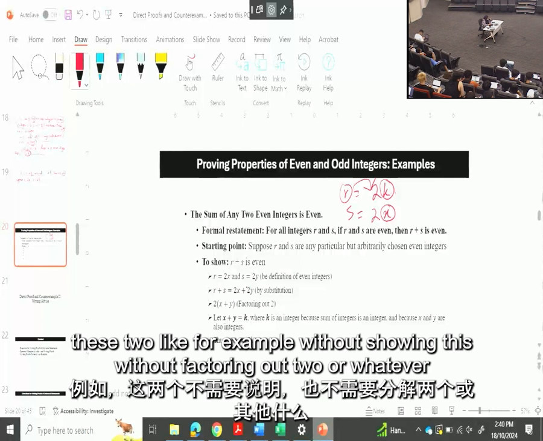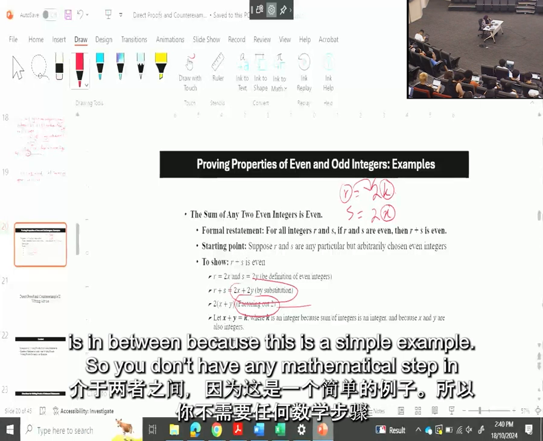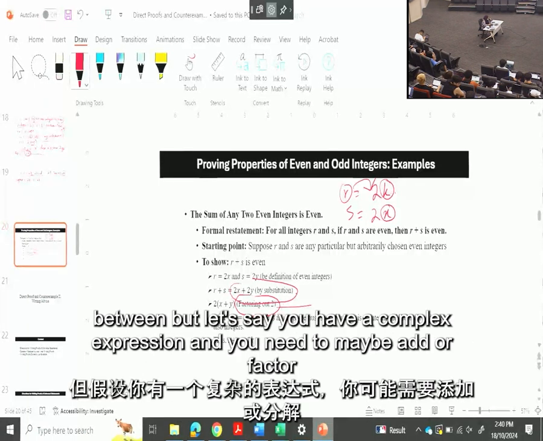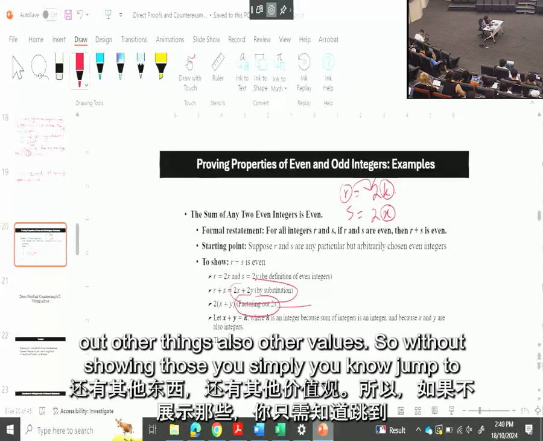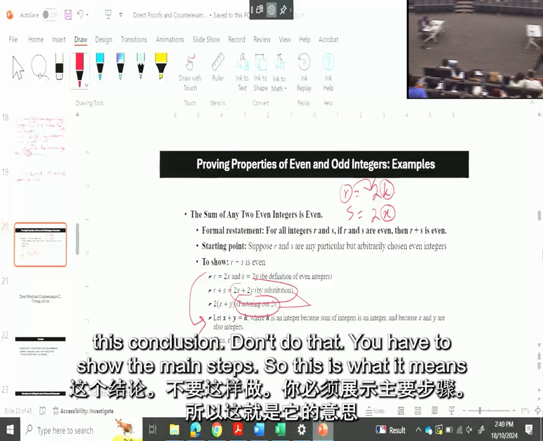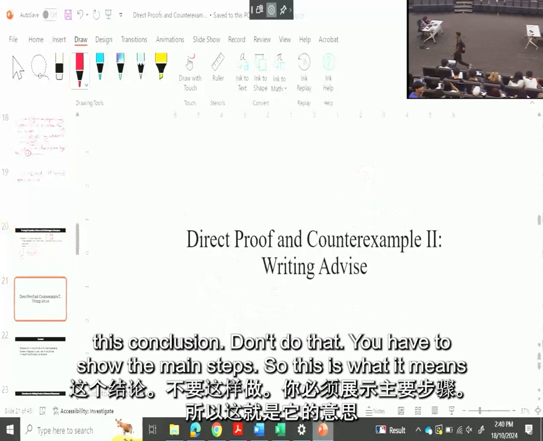This is a simple example, so you don't have any mathematical step in between. But let's say you have a complex expression and you need to add or factor out other things also. Without showing those, you simply jump to the conclusion. Don't do that. You have to show the main steps. So this is what it means.